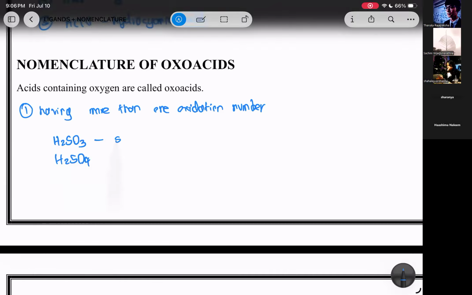You can write this as sulfurous acid. This one sulfuric acid.